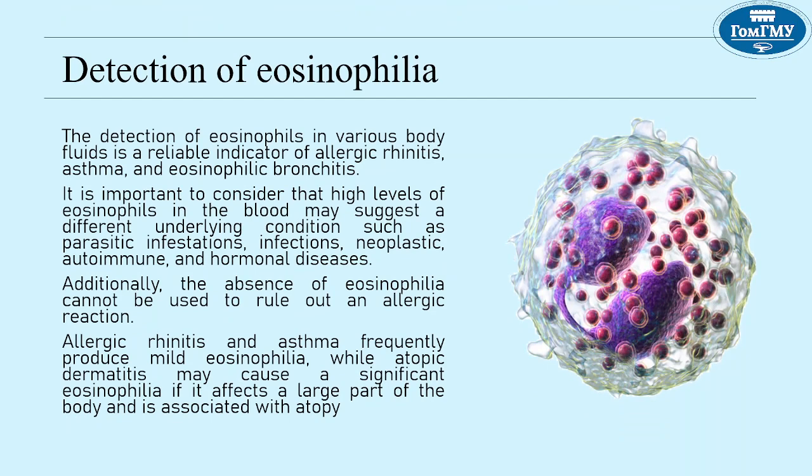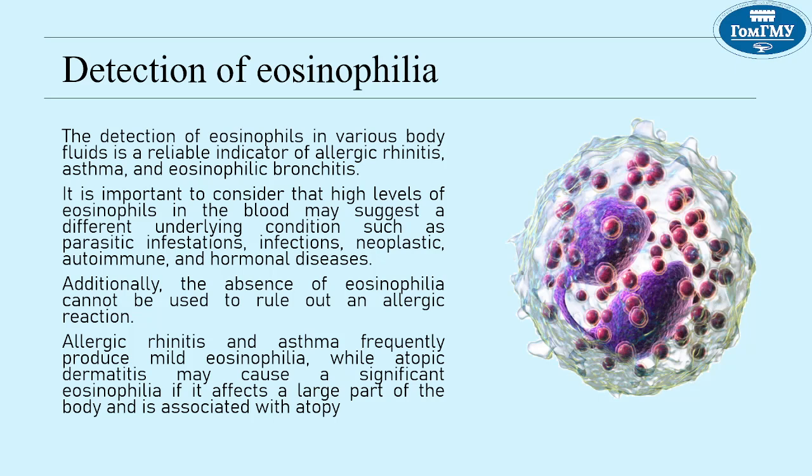The detection of eosinophils in various body fluids is a reliable indicator of allergic rhinitis, asthma, and eosinophilic bronchitis. It's important to consider that high levels of eosinophils in the blood may suggest different underlying conditions such as parasitic infestations, infections, neoplastic, autoimmune, and hormonal diseases.